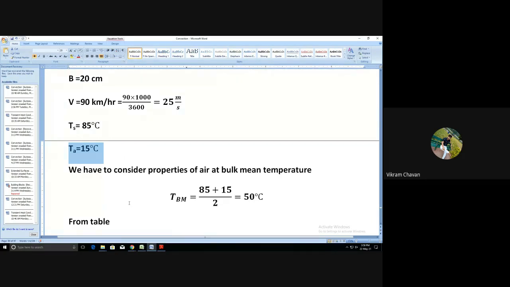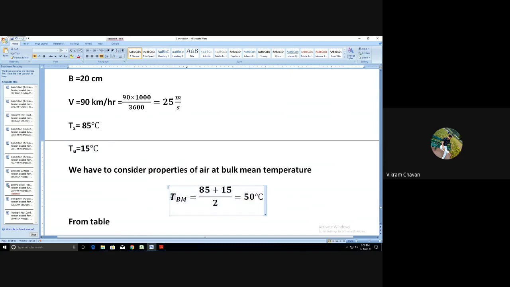So what is meant by bulk mean temperature? It is the average temperature of the surface and ambient air. So we have to consider the properties of air at an average temperature, which in thermodynamics is called the bulk mean temperature.